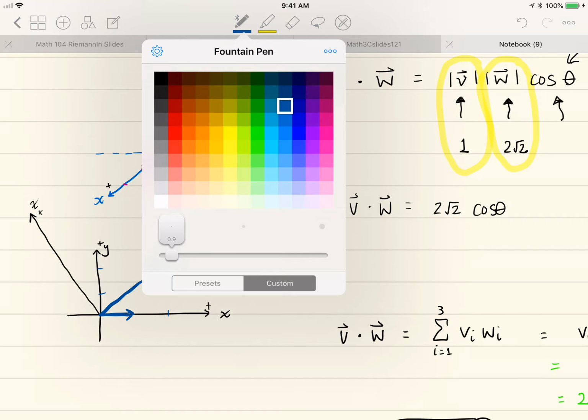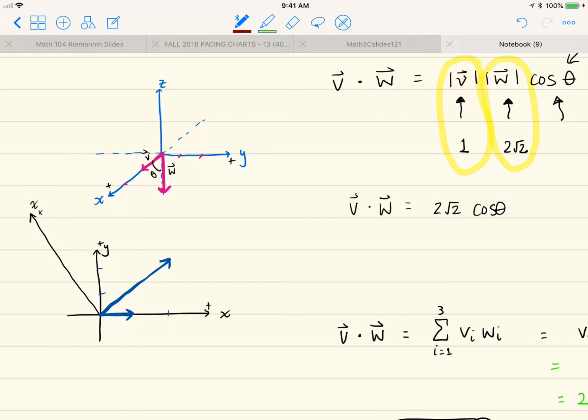And the angle between them is going to be pi over 4, because this is 2 and this is 2. So we can form a right triangle that is isosceles. So that's going to be pi over 4.